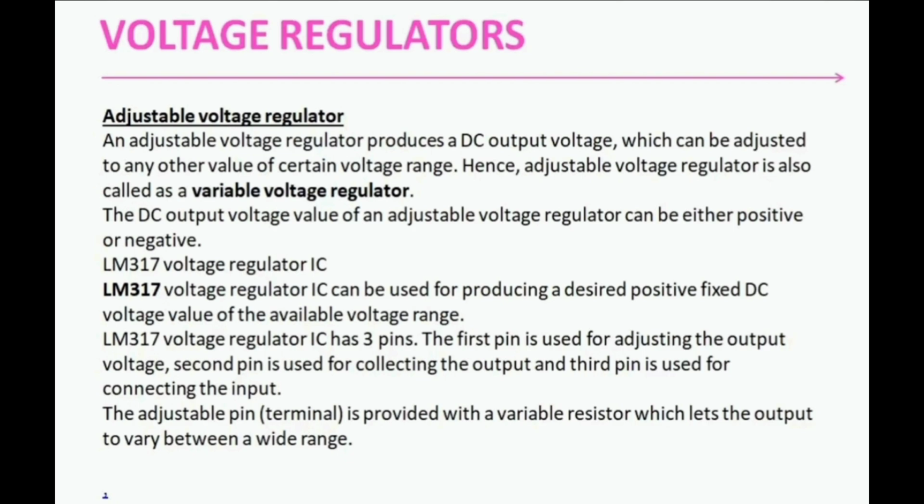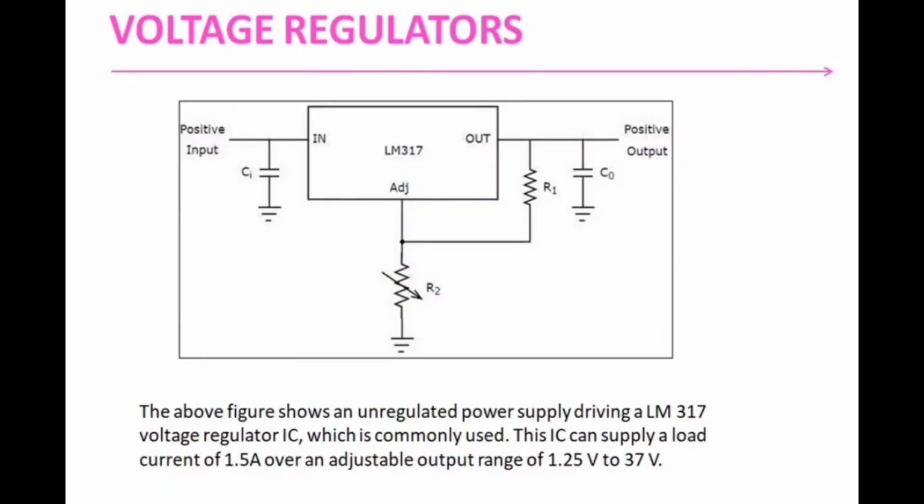The adjustable pin terminal is provided with a variable resistor which lets the output vary between a wide range. So here you can see the block diagram. You have the variable resistance R2. So if R2 changes, I can change the value of the VR, right? My output, positive output.